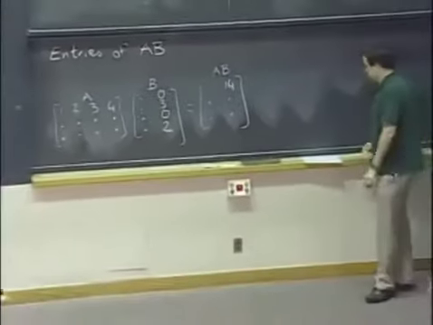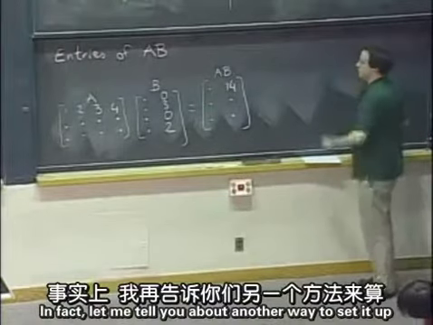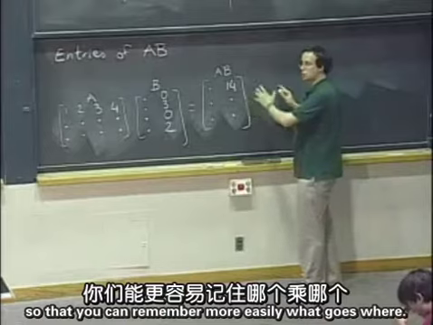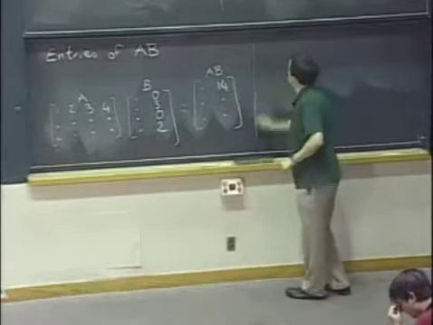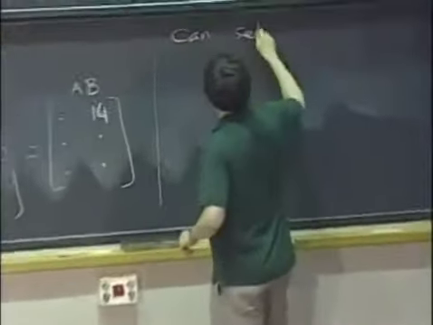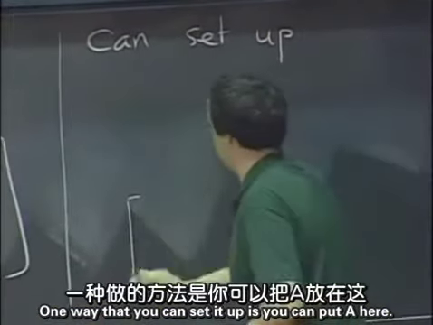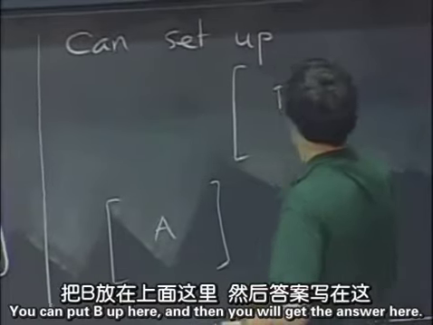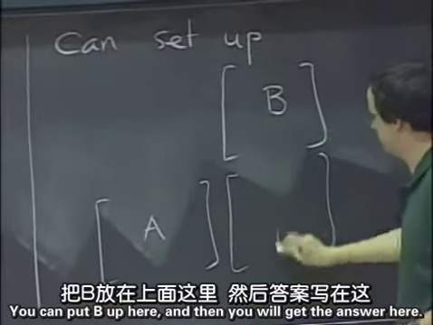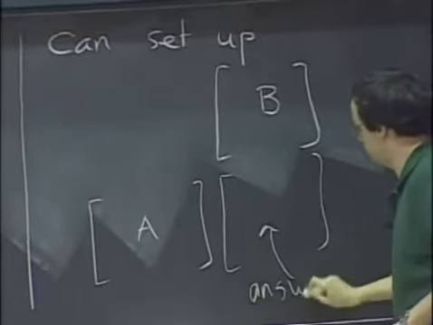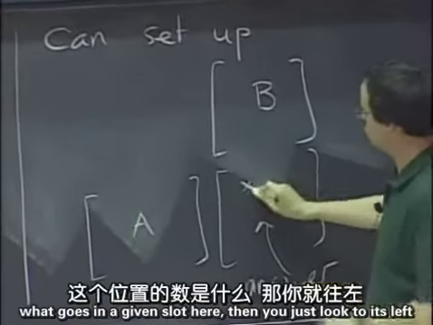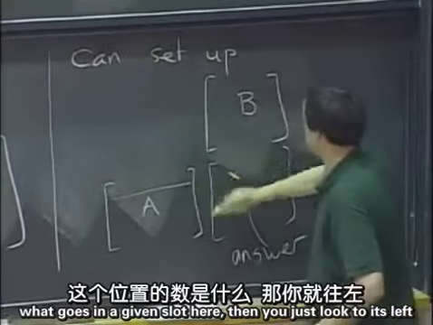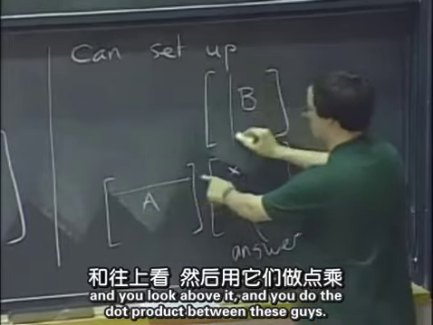In fact, let me tell you about another way to set it up so that you remember more easily what goes where. One way is you can put A here, you can put B up here, and then you will get the answer here. If you want to find what goes in a given slot, you just look to its left, and you look above it, and you do the dot product between these.